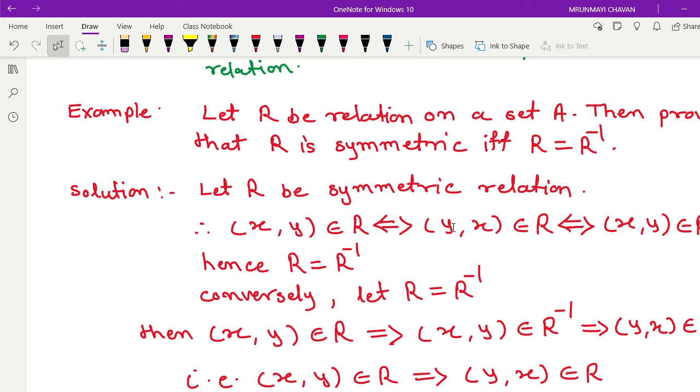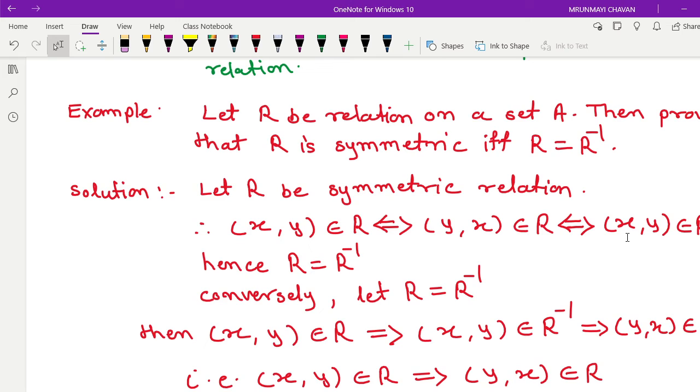So let us consider R is a symmetric relation. So we have to prove that R is equal to R inverse. If R is symmetric, then let the pair (x, y) belong to relation R. If (x, y) belongs to relation R, this implies that (y, x) belongs to relation R, because R is a symmetric relation.